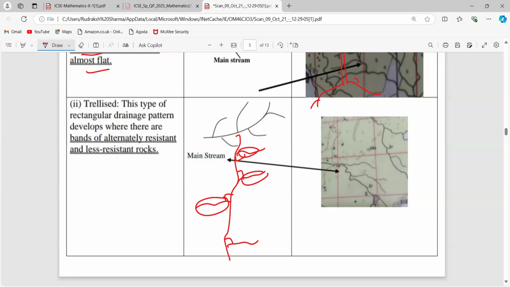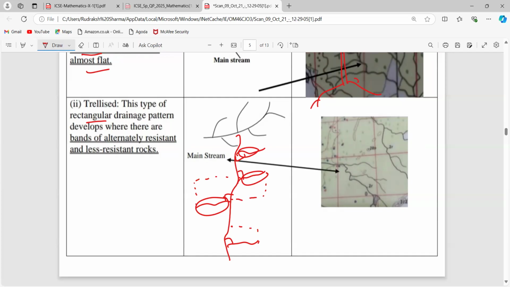This type is rectangular, you can say, because roughly it's a rectangle only. Roughly it's a rectangle, where a rectangular drainage pattern develops where there are bands of alternately resistant and less resistant rocks.